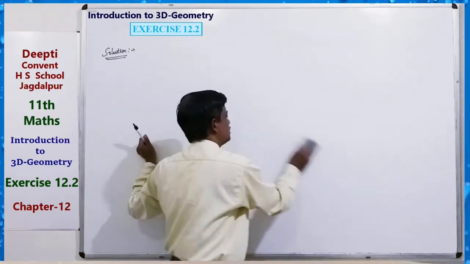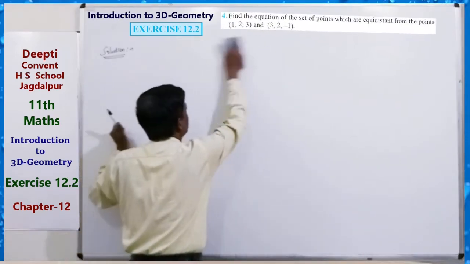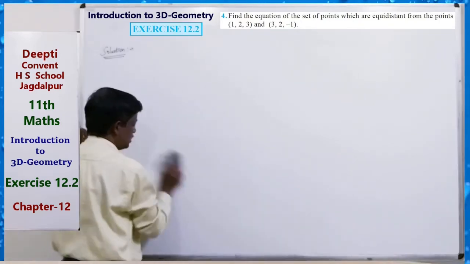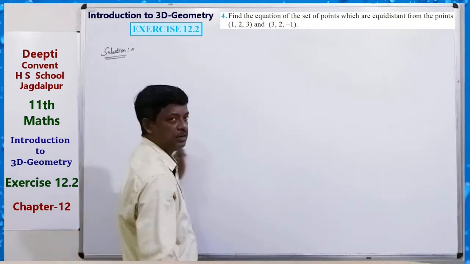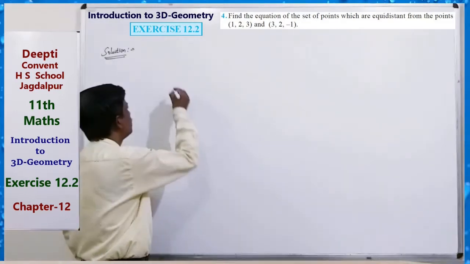In other words, the equation of the locus, the path of a point whose distances from 2 points are always equal.